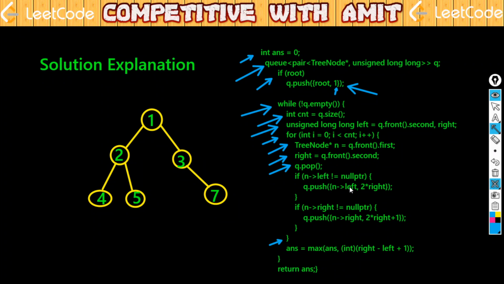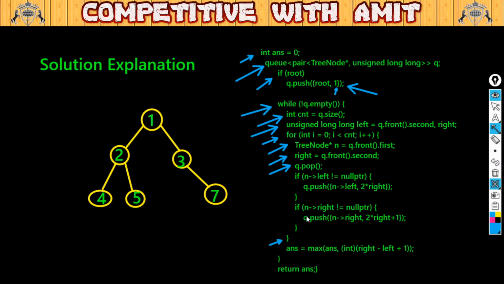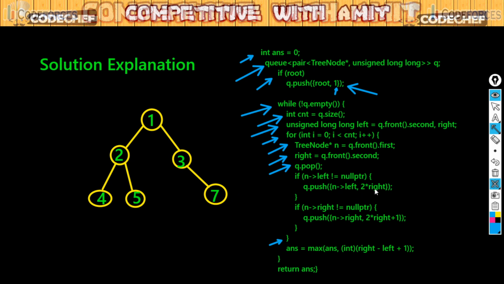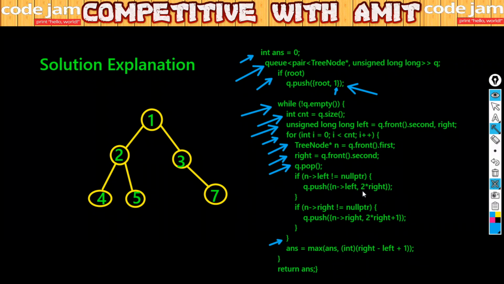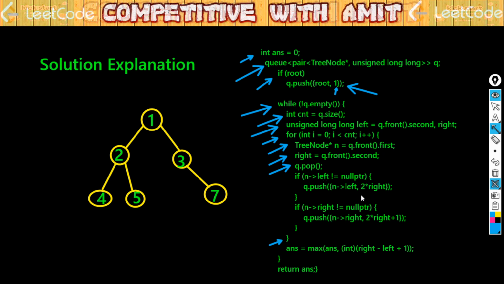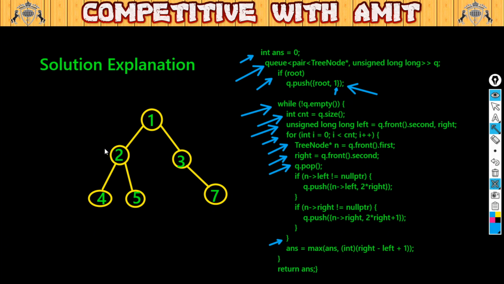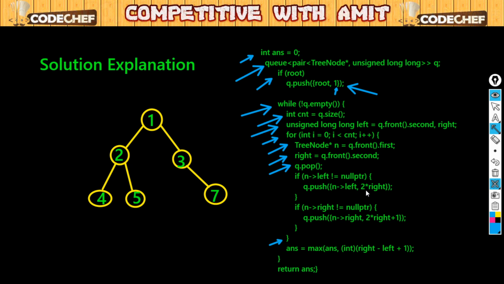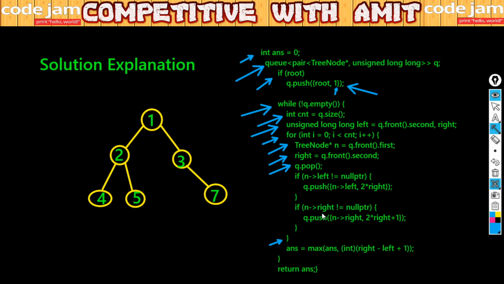Now two more values will be pushed back, first the left value, then the right value. The left node will be pushed back and the second will be the right node. So what will its value be? Right will be the parent at every case, that's why we are taking it. So parent into 2 will be the left, as I have explained before, and the right will be 2 into right plus 1.